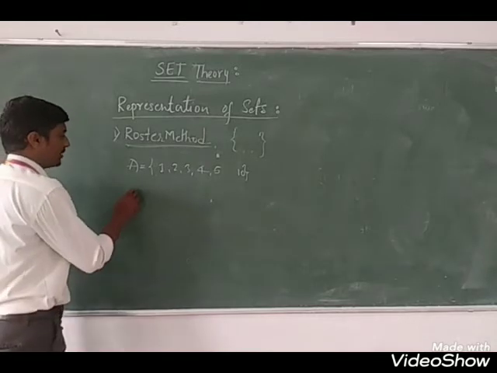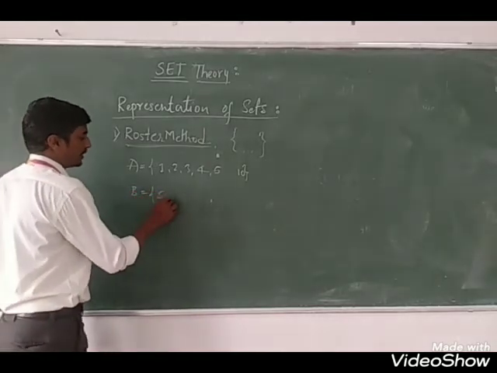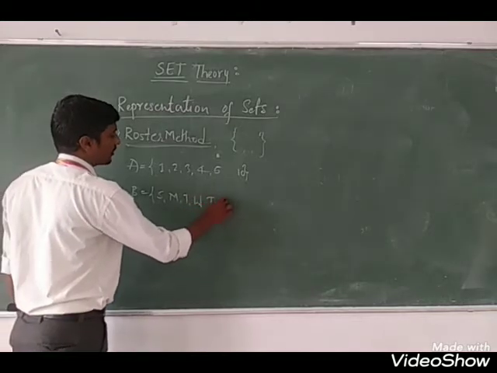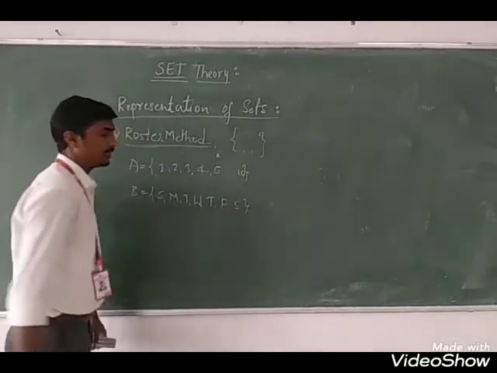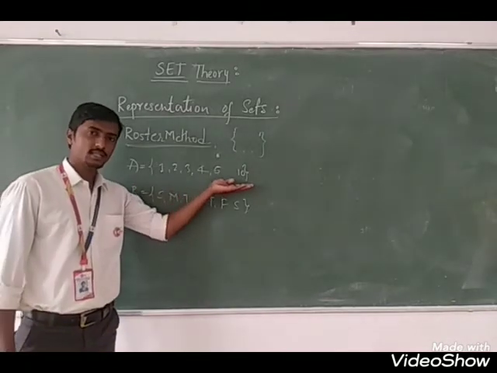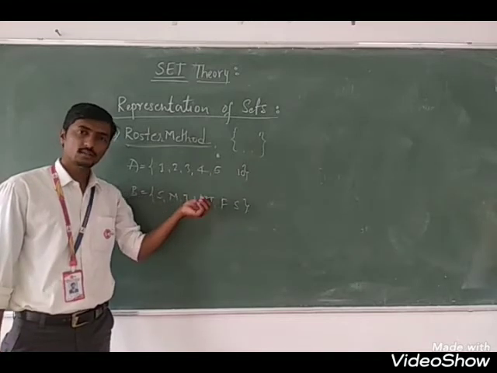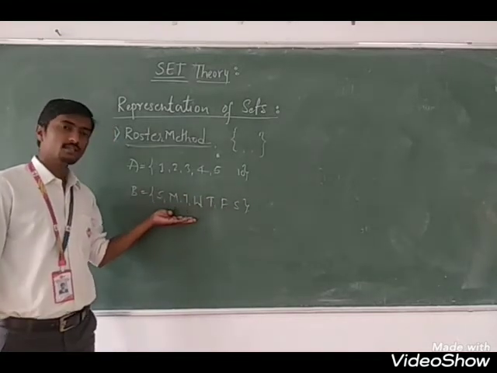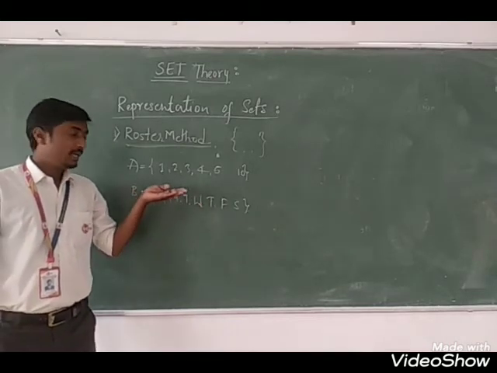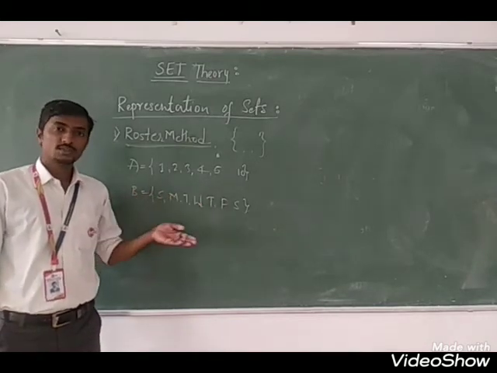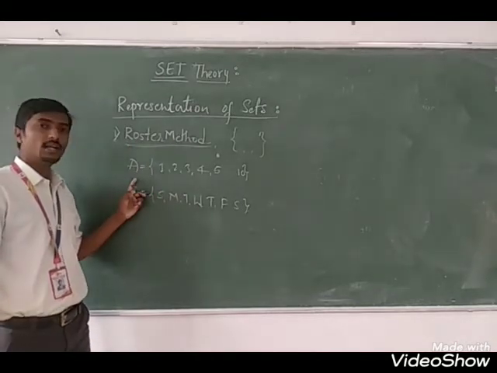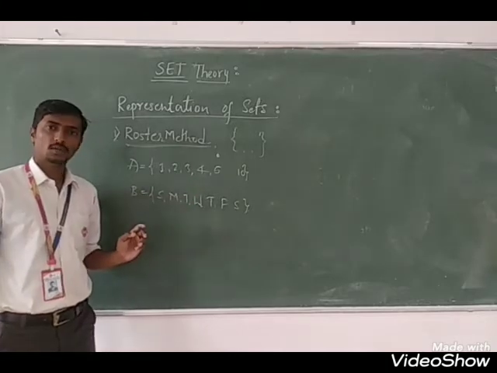Another example: Sunday, Monday, Tuesday, Wednesday, Thursday, Friday, and Saturday. So these are the natural numbers less than 11, or less than or equal to 10, and these are the days in a week. We can list them out directly, and such a method is called the roster method.